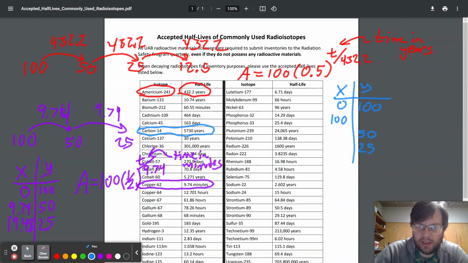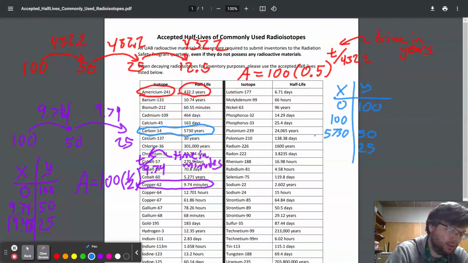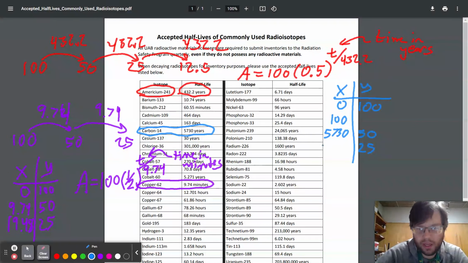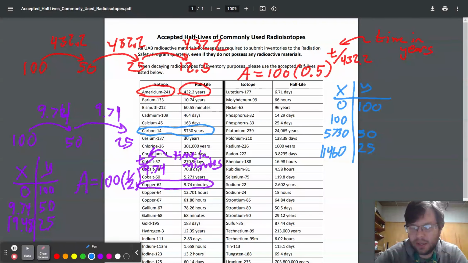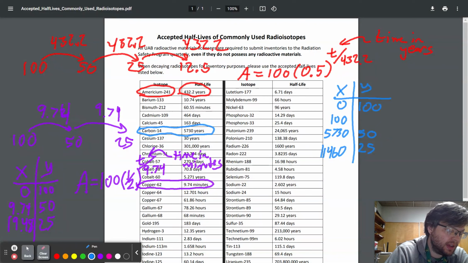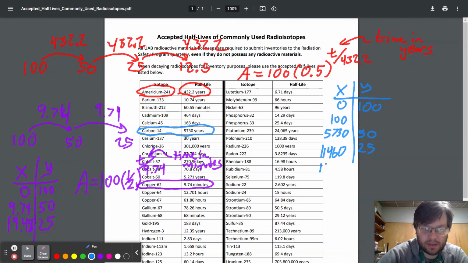I can notice that 50 is half of 100, which means it's going to take one half-life to reach 50. It's going to take two half-lives, so I just go 5730 times 2, and that's 11460 to get to 25. It would just take three half-lives, 17190, to get to 12.5.